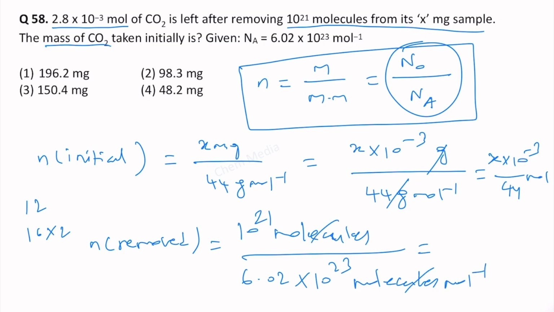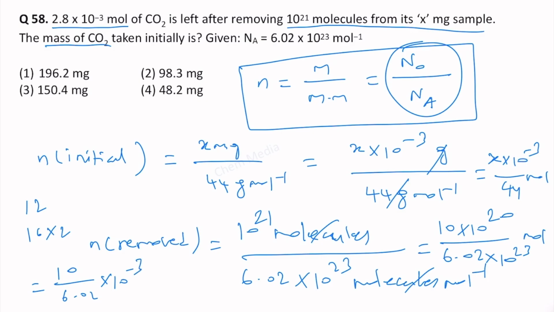And let us write this one as 10 times 10 to the power 20, so that we can use 10 to the power minus 3 as the common factor, divided by 6.02 times 10 to the power 23 mole. So therefore the number of moles removed will be 10 divided by 6.02 times 10 to the power minus 3 mole.